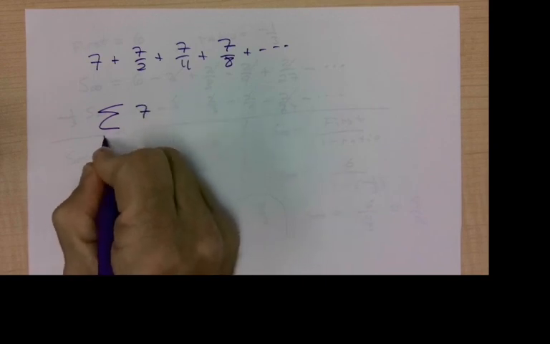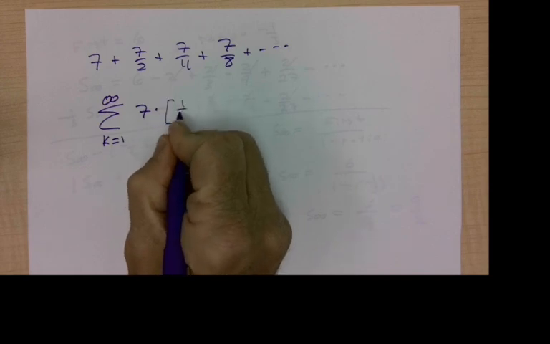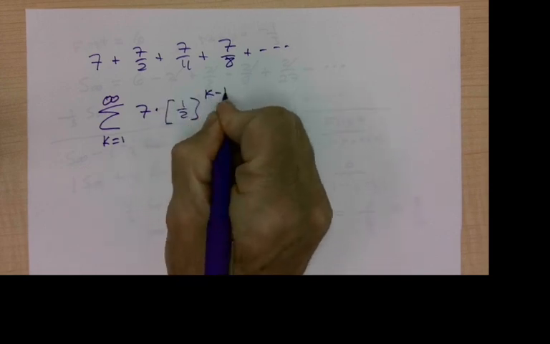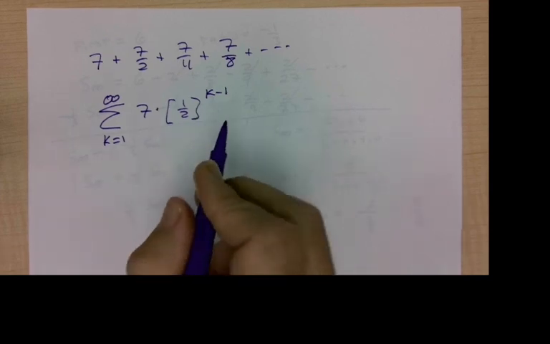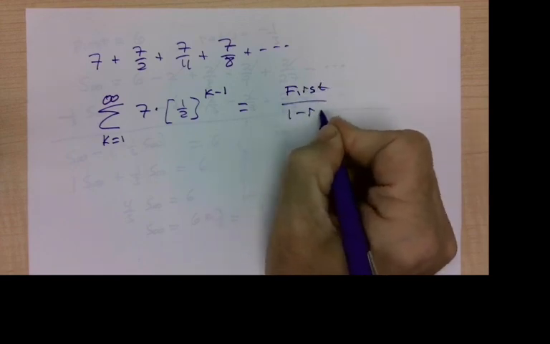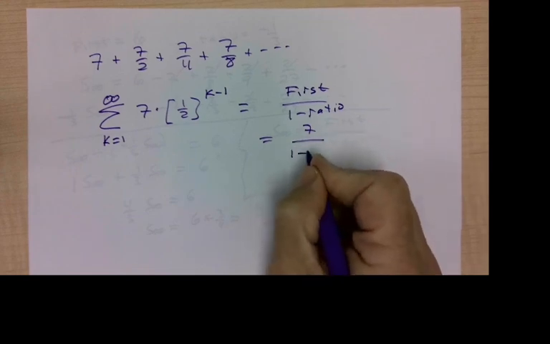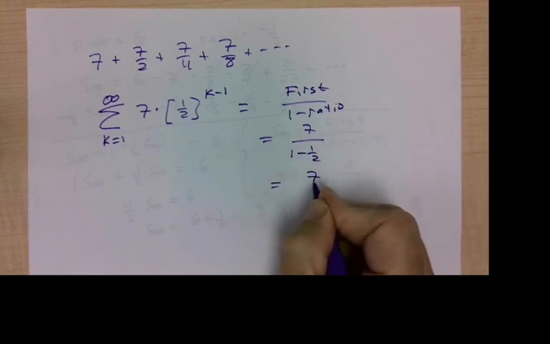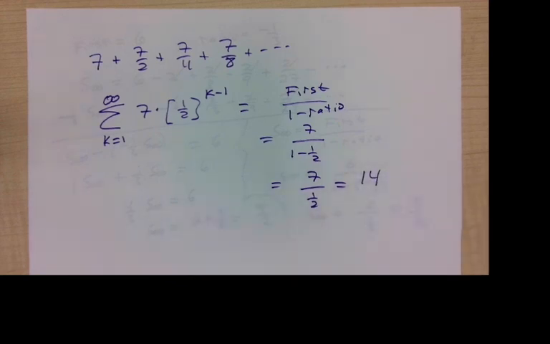We will write as the sum of 7, k goes from 1 to infinity, times the common ratio 1/2 to the k minus 1, because again it's got to start at 0, 1/2 to the 0. And this will be the first term over 1 minus the ratio. First term is 7 over 1 minus 1/2, which is 7 divided by 1/2, which is 14. And that will conclude this lesson.